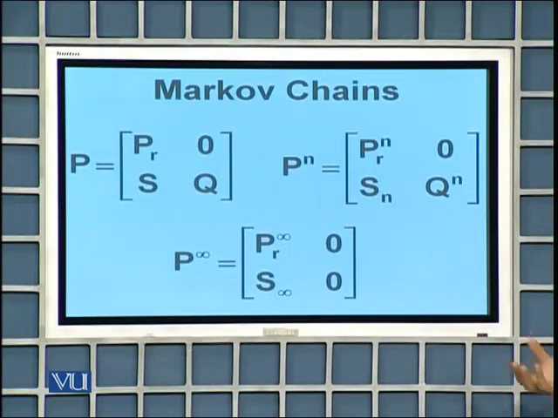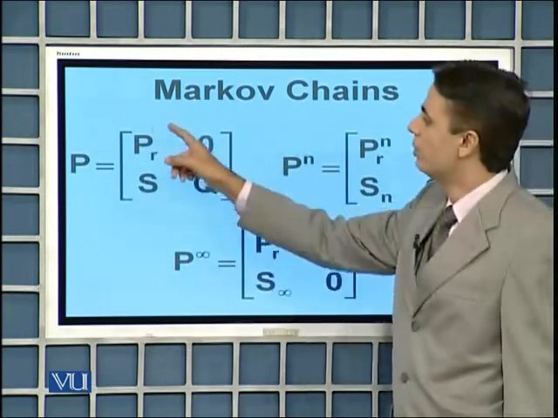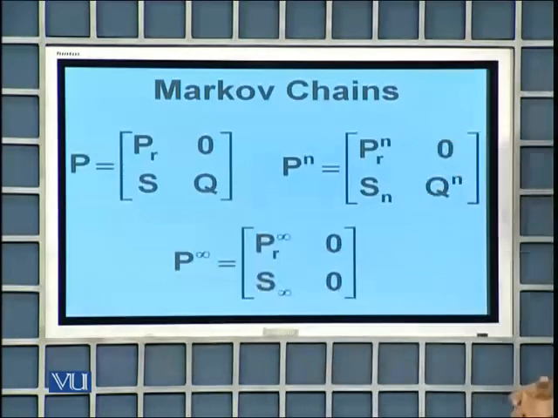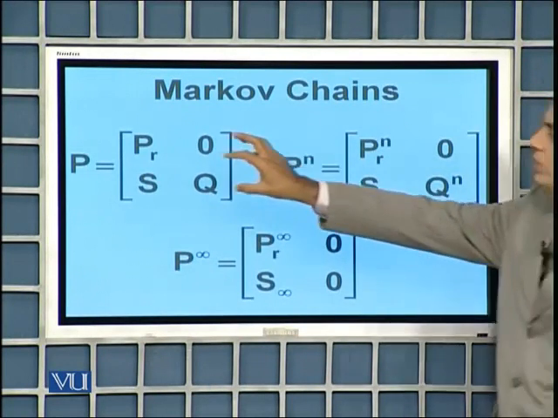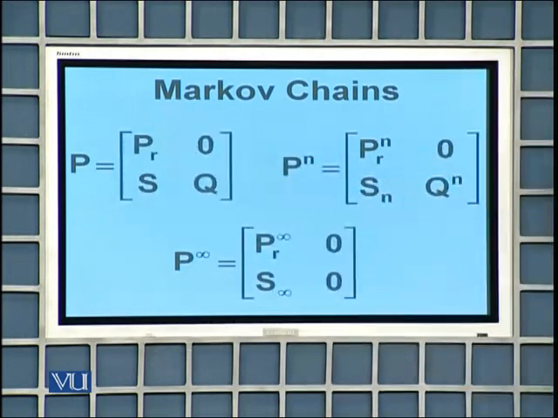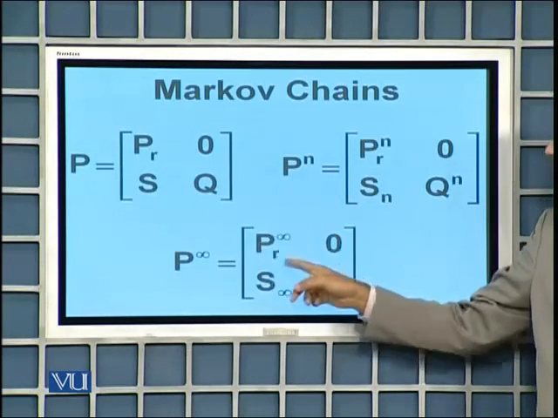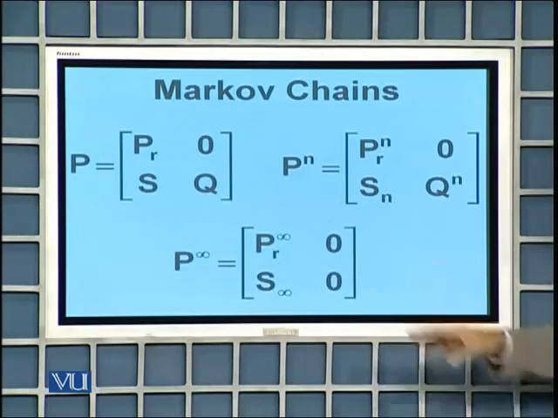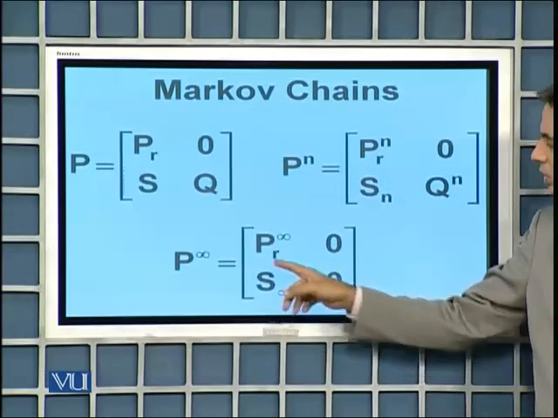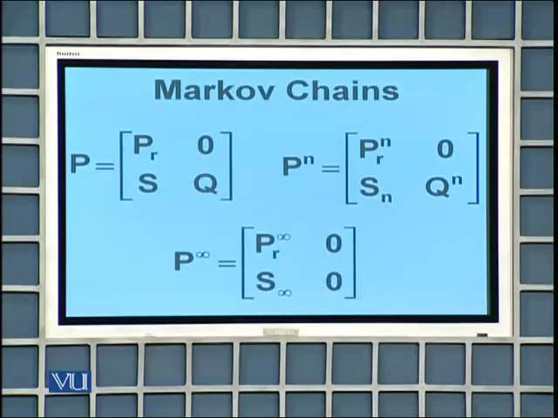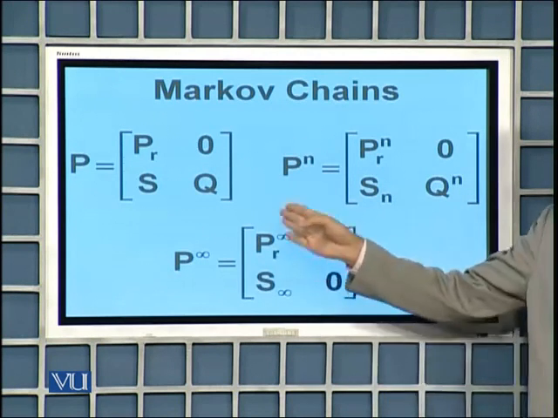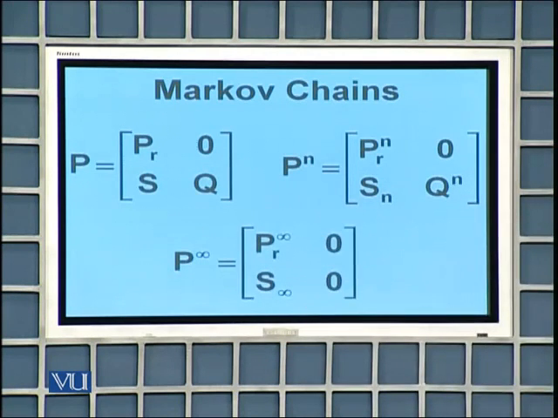So if PR, the top left portion of this one-step transition probability matrix, represented a full stochastic matrix, a submatrix which fulfilled all characteristics of a stochastic matrix, we will have a stationary matrix here. And all the columns to the right of this matrix will be zero, and there will be some non-zero entries below this matrix, and they can be interpreted as probabilities of starting from transient states and moving to different recurrent states and getting trapped there.